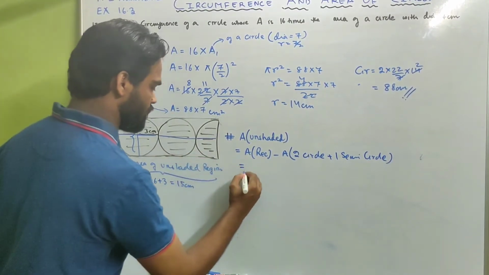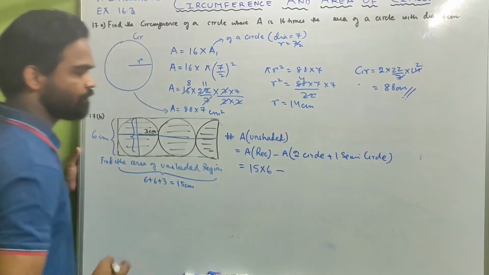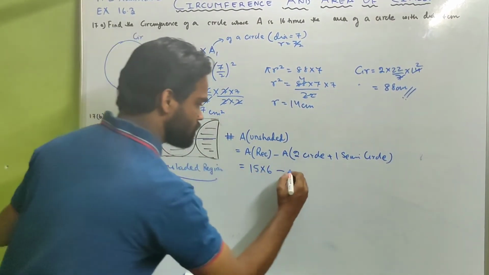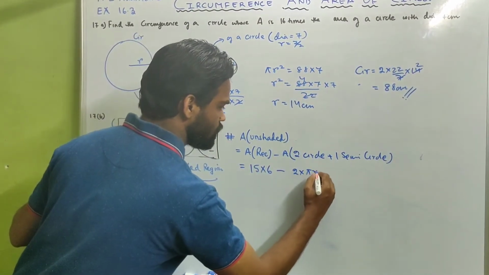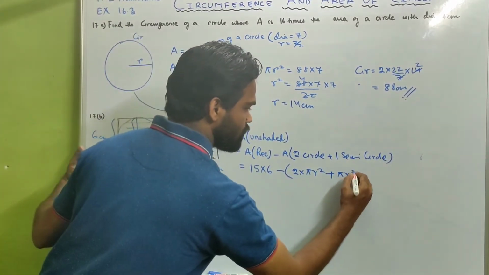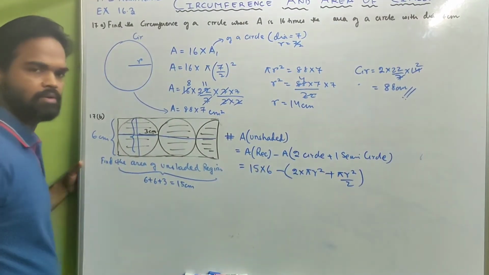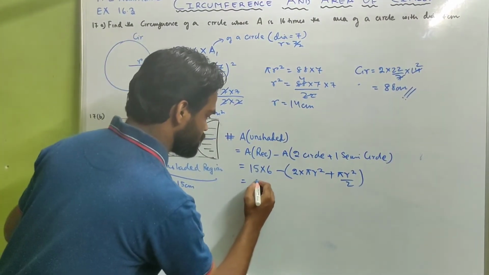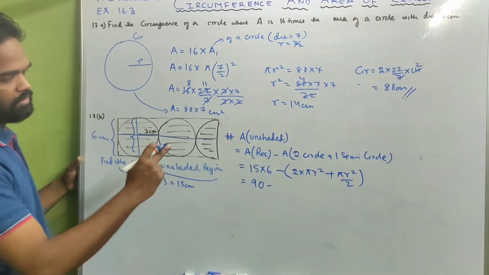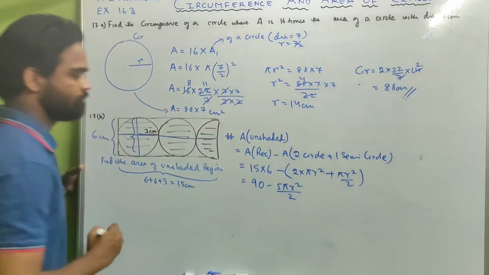So the area of the rectangle is nothing but length into breadth, that's 15 into 6, minus the area of these 2 circles, which is 2 multiplied by pi r square, plus the area of a semicircle, which is pi r square by 2, isn't it? Since the radius is the same, I've used small r in all the cases. So 6 into 5 is 30, that's 90 minus, if you take LCM, 5 pi r square by 2.